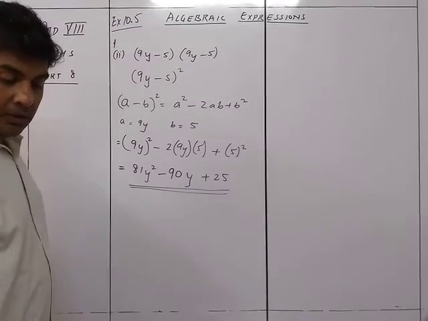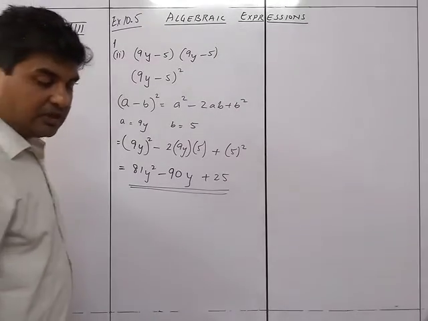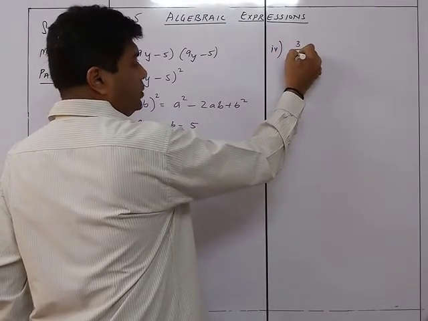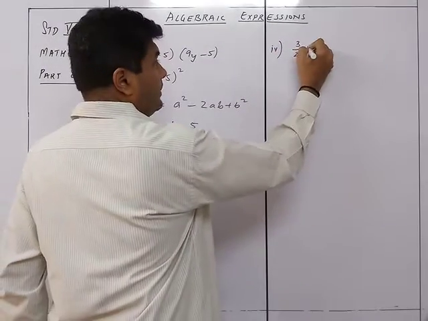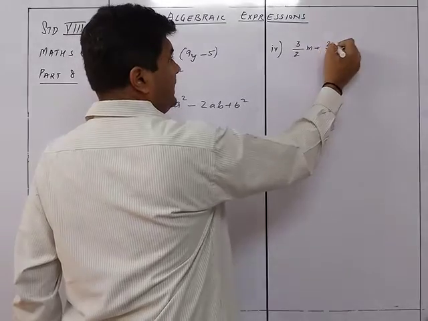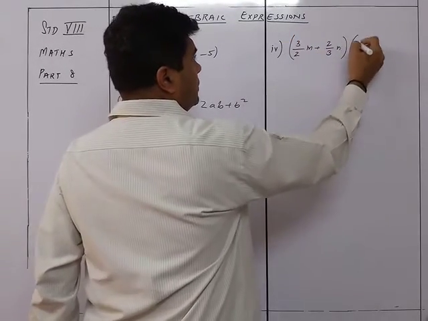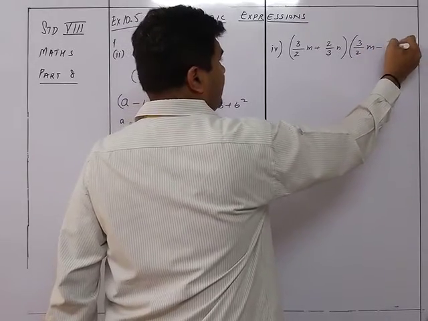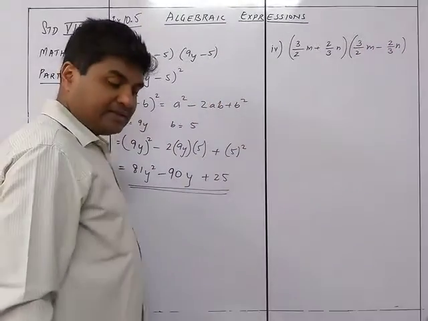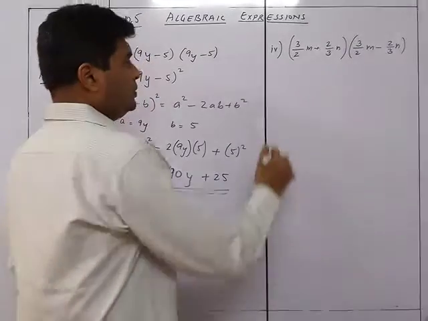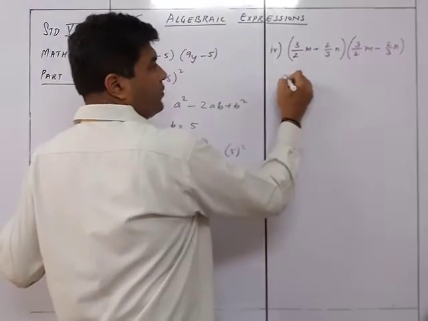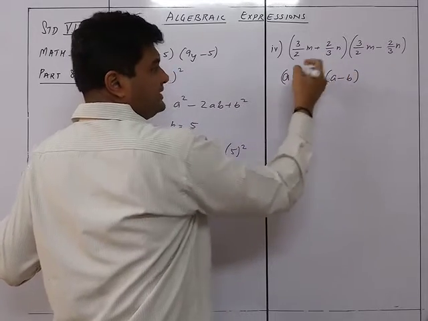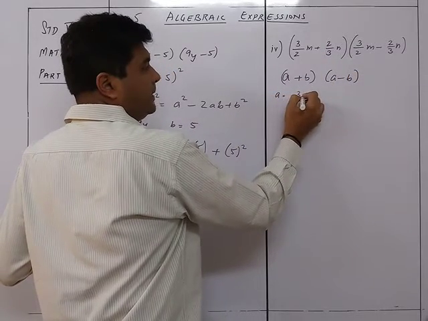Clear? We see the fourth sum now. Sum number 4: (3 upon 2 m plus 2 upon 3 n) into (3 upon 2 m minus 2 upon 3 n). That's the question. So we know that the term we are having is in the form a plus b into a minus b. So we can see that a is 3 upon 2m.